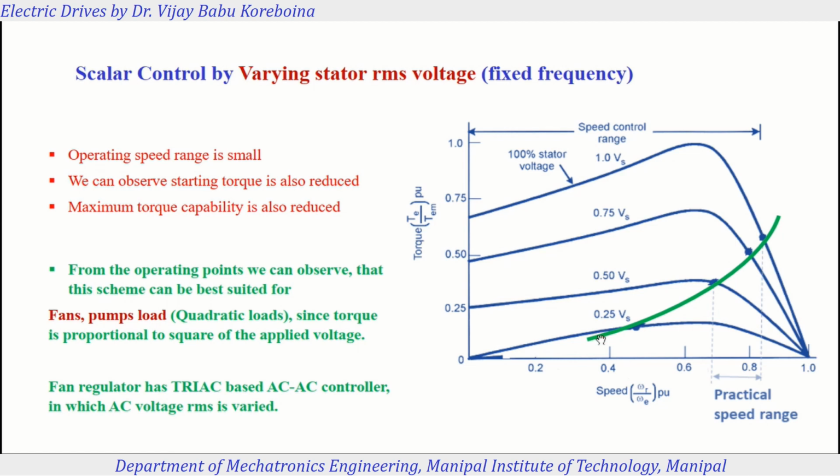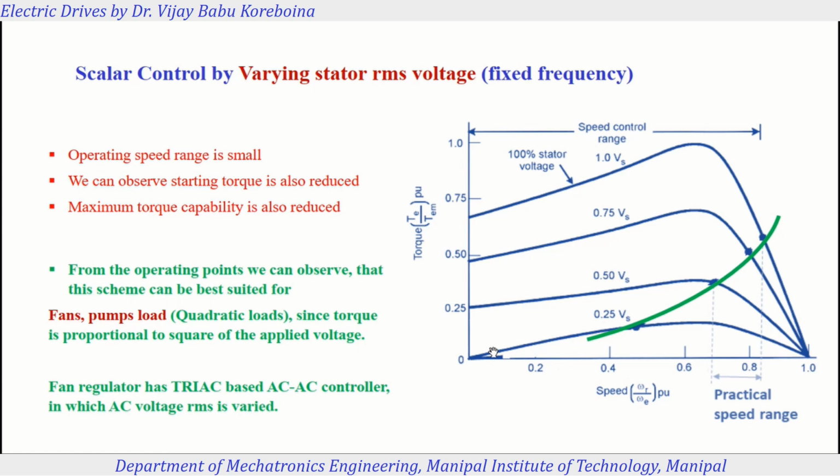What do we observe from these characteristics? As I have reduced the applied voltage, your Tmax is reducing. That means maximum torque ability is reduced, as well as your starting torque also reduces. So by just varying RMS voltage for any induction motor drive, your maximum torque ability and starting torque ability will be reduced.